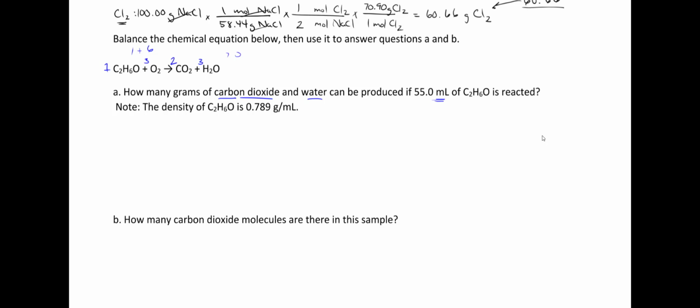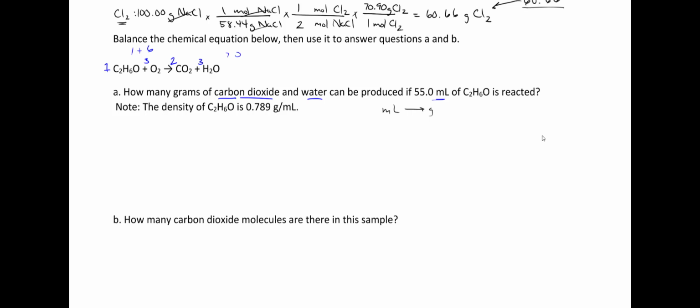And at this point, we don't know any way of getting from milliliters to moles. But we do know how to get from milliliters to grams. And we can do that using the density. And then the rest of the problem is the same as before. We can go from grams of whichever chemical we're interested in to moles. And that's what we're going to do here.